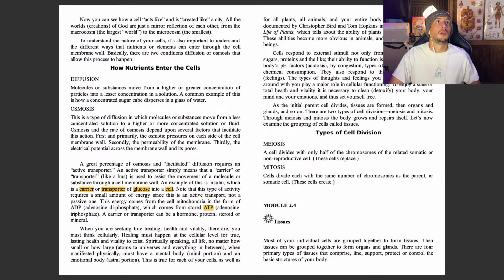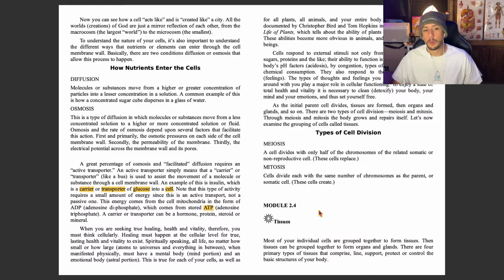Last time we went through basically the beginning of this book and covered module 2.3, and today we'll be going through module 2.4 and potentially some more.